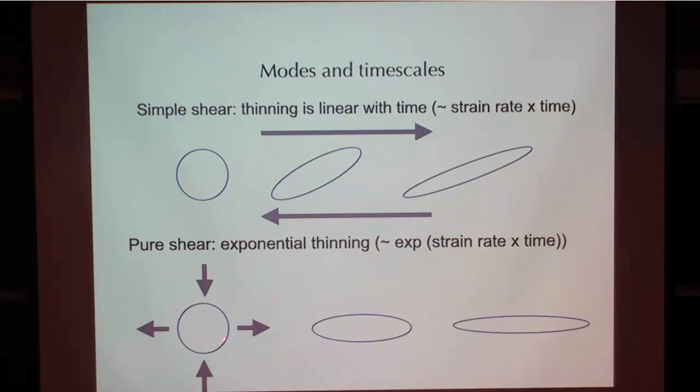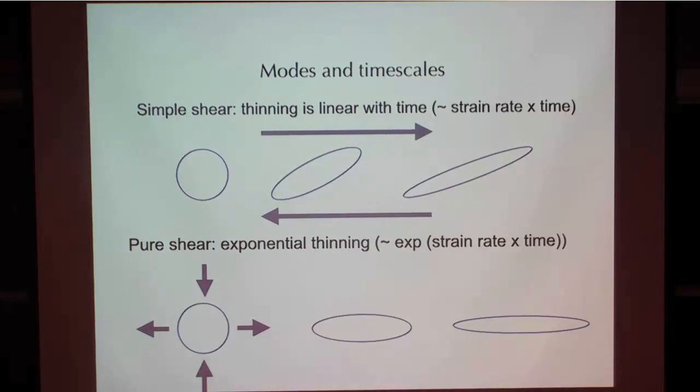But if we have pure shear, where we are stretching, pulling, and then thinning in the other direction, that rate of thinning is going to be exponential with the strain rate and time. And so in a flow, such as any kind of mantle flow where we have a mix of both pure shear and simple shear, where we could, in fact, break it down into those if we wanted to, the mixing, the stirring is always going to be dominated by the places where we have pure shear.